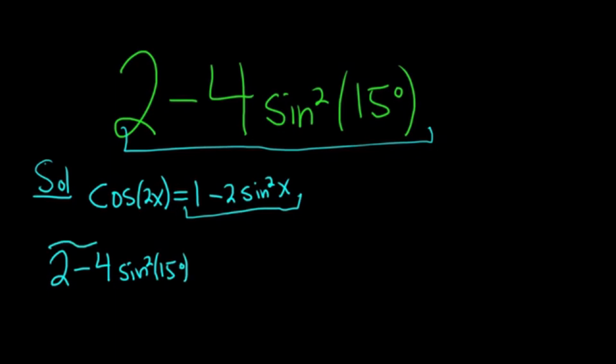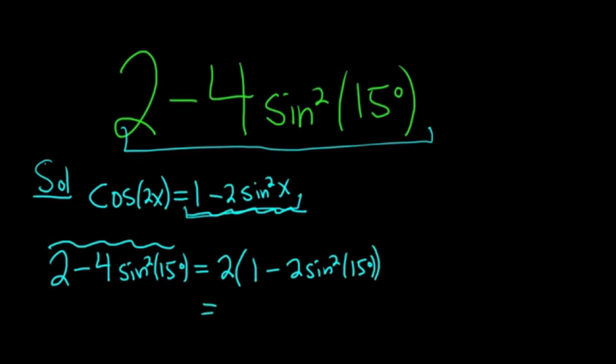So to make this look like this, we just have to pull out a 2. So 2 parentheses. So we need 1 minus 2 sine squared of 15 degrees. This is equal to 2, and then now we'll use our identity.